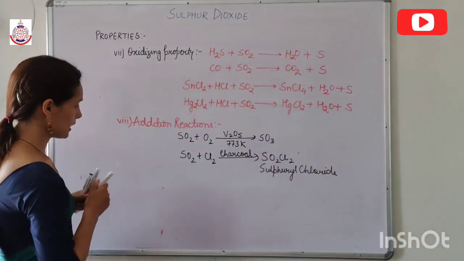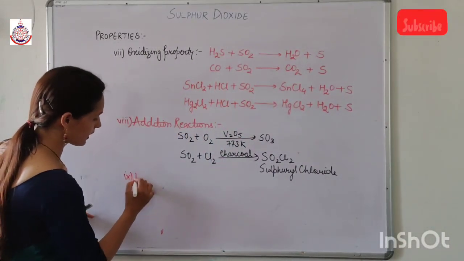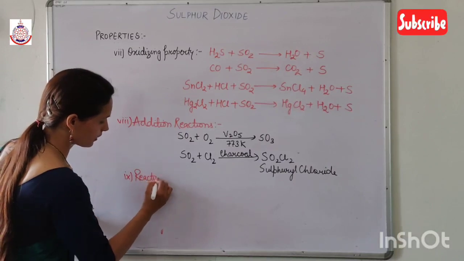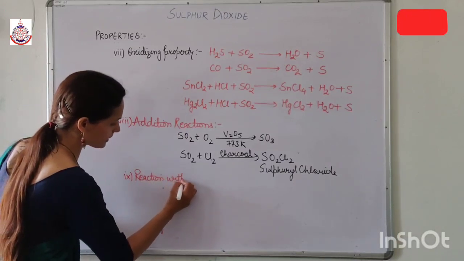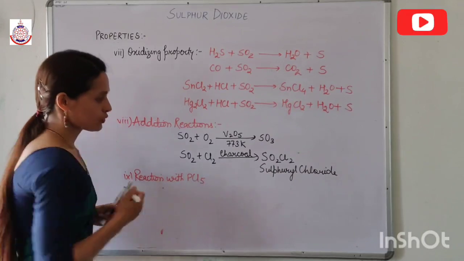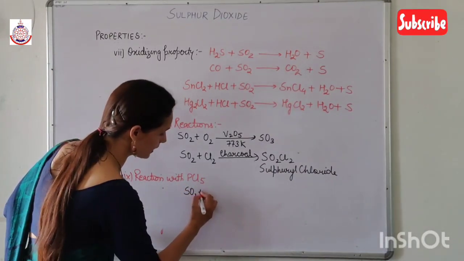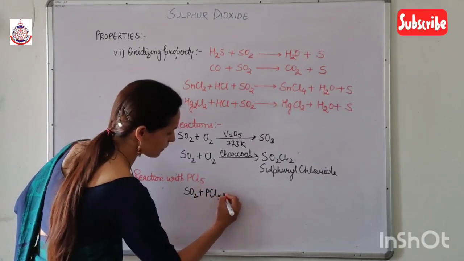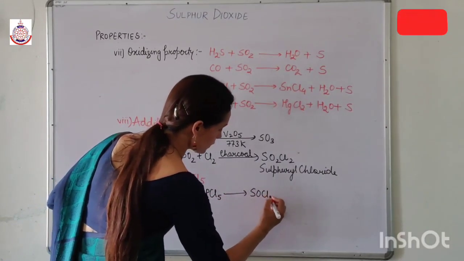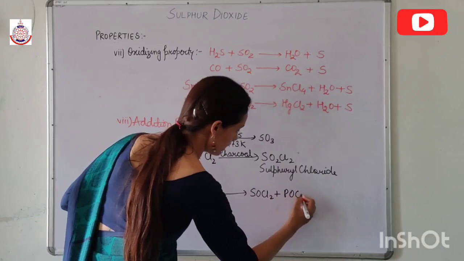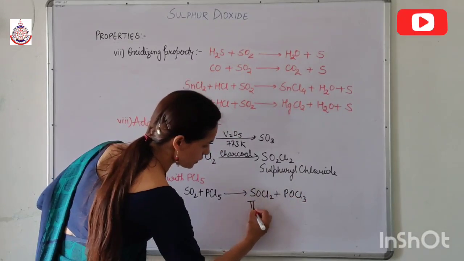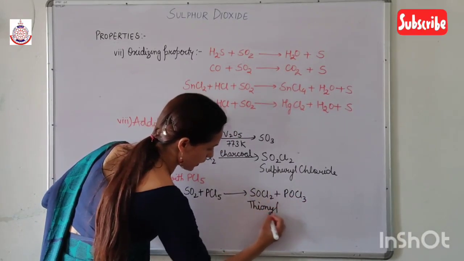So the next property is reaction with PCl5. When sulfur dioxide reacts with PCl5, then it forms SOCl2 plus POCl3. And this SOCl2 is known as thionyl chloride.